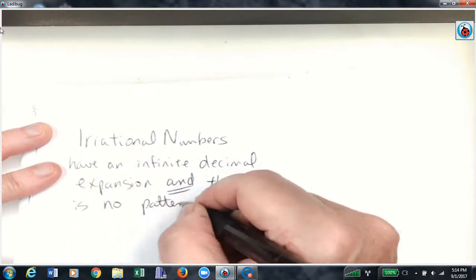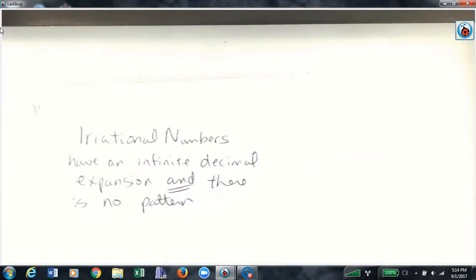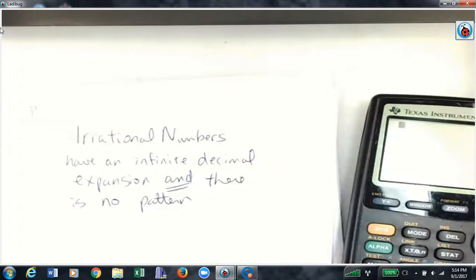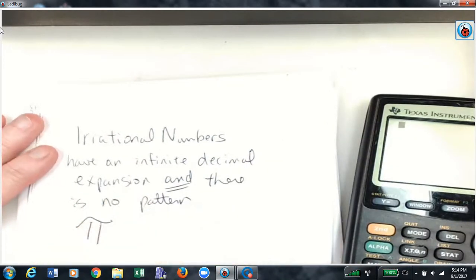So it's just random. And what would be a famous irrational number? It's used in circles a lot in geometry. You think of it? It'd be the number pi.